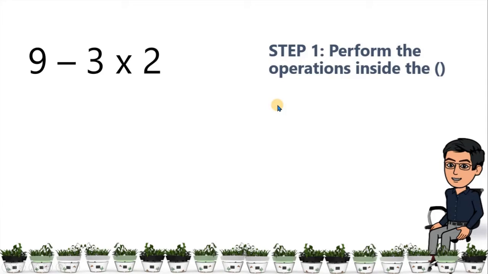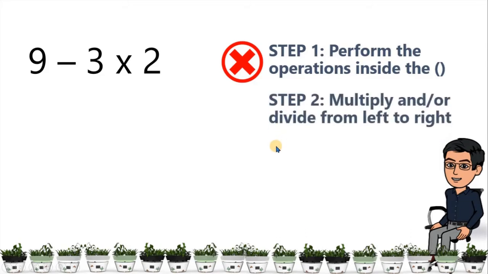So therefore, step number 1 is X. How about step number 2? Multiply and or divide from left to right. Do we have multiplication and or division? Yes, we have multiplication here. So therefore, step number 2 is a check.